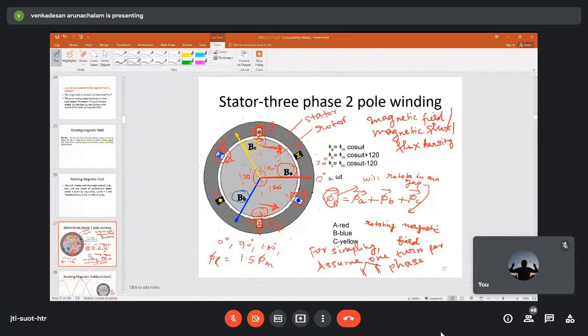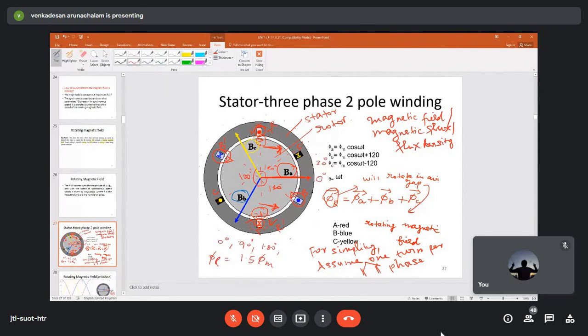If you place the windings in the stator 120 degree apart from each other spatially, then only the flux produced by each phase will be 120 degree apart. That is what I am saying. The winding should be distributed spatially 120 degrees, and you have to give a 120 degree phase shifted supply in time.